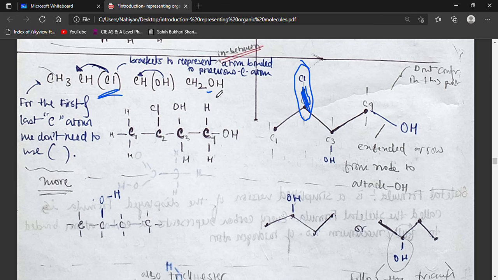And if it's at the end, we also draw 1 2 3 4. We have four carbons, four kinks, and the last one is actually an extended line. This represents nothing but an indication that something other than carbon is bonded to it. So don't confuse it with a carbon. Don't say that there is a carbon here. There is nothing except the hydroxide group.